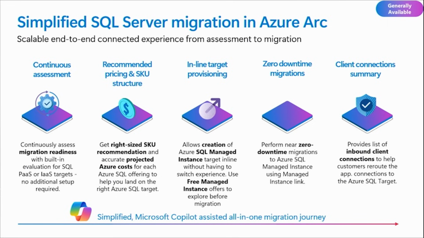When you connect your on-prem servers, or servers running in another cloud, with Azure Arc, not only can you see them in the Azure portal, but you also now get, as of today, generally available, continuous assessment, where we will pull for the features being used in your database, the CPU being used, and other key metrics to help make recommendations for landing this workload in IaaS or PaaS, and whether Managed Instance or SQL DB is a good fit.